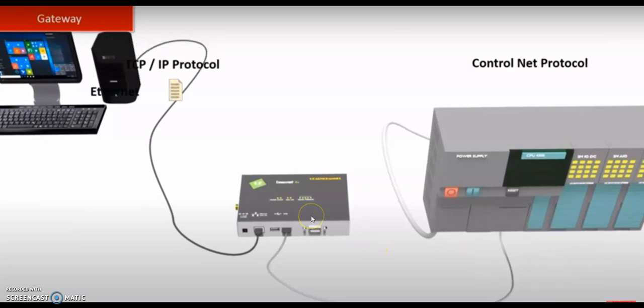One network follows the TCP/IP protocol and another network follows the ControlNet protocol. If they want to communicate, the gateway will transfer the data as per the protocol of each network. So two different networks which follow two different protocols can communicate with the help of gateways.